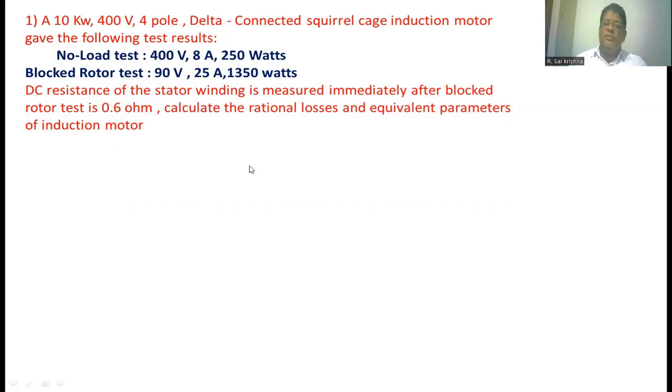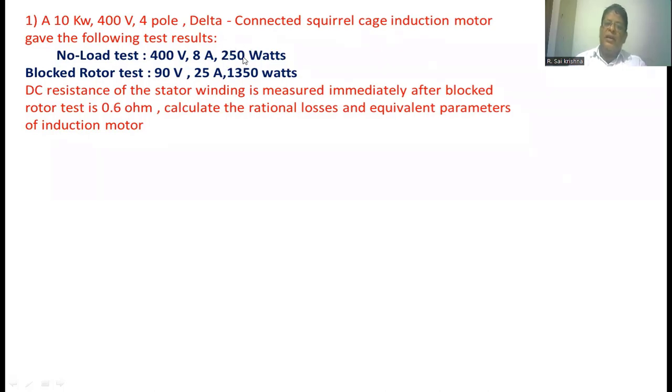This is a numerical based upon the no load and blocked rotor test of an induction motor. First of all, you have to calculate the rotational loss. When you conduct a no-load test on an induction motor, the power taken by the motor meets the stator copper loss, stator core loss, and the windage and friction loss.